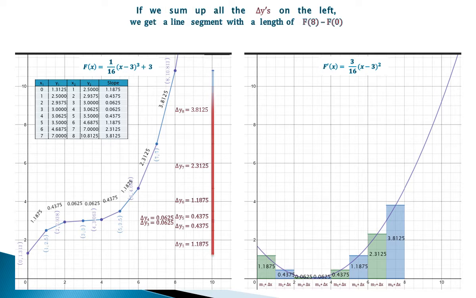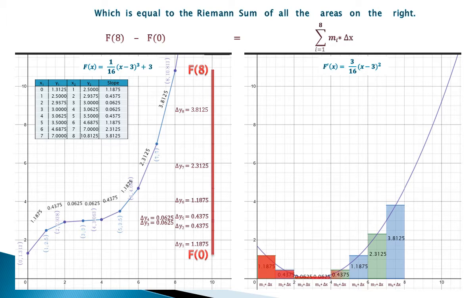If we sum up all of the delta y's on the left, we get a line segment with a length of f of 8 minus f of 0, which is equal to the Riemann sum of all the areas on the right.